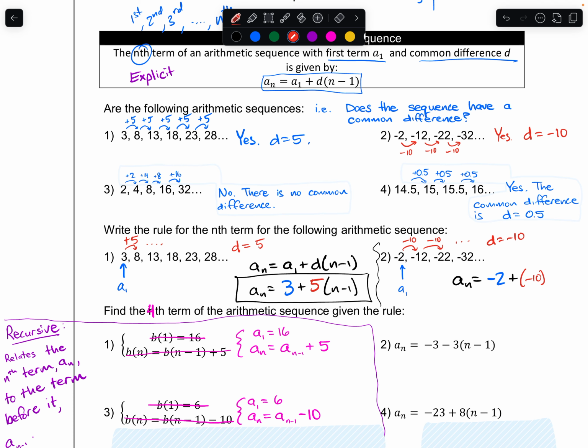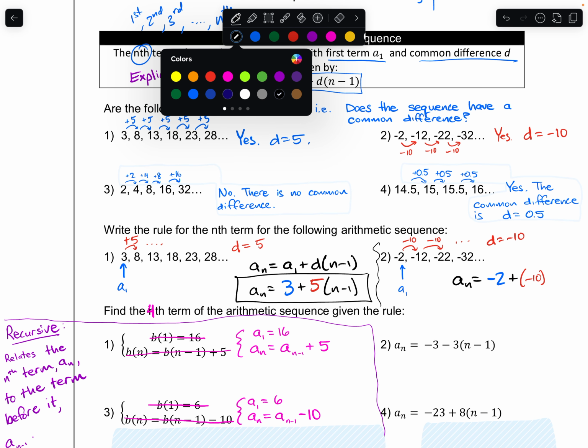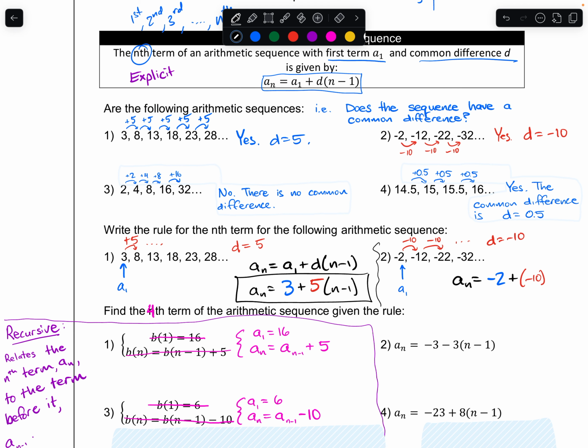I'll put it in parentheses because there's a negative in front of it, times n minus 1. Now, if you really want to, you can write it either way. As long as you're comfortable with your minus signs, you can just put -10 times n minus 1 there. That's still correct. I'm going to write it like that, though.